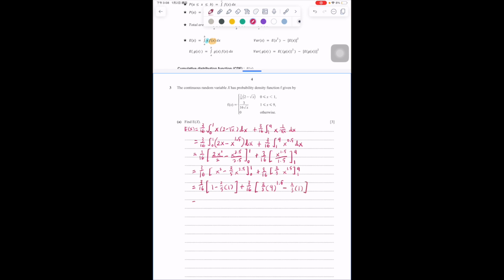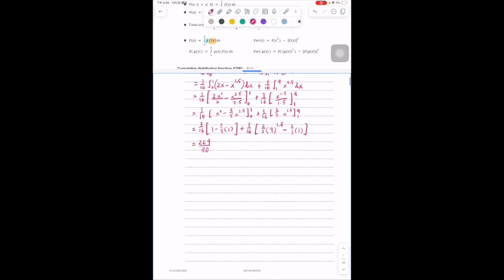And the last step, we can simply use our calculator to find out the exact value. This time we have 269 over 80. And this is the solution of part A.